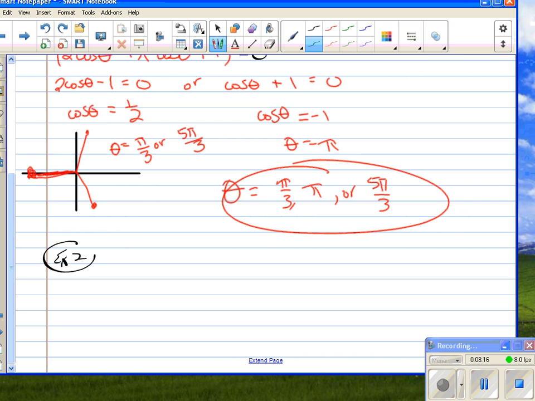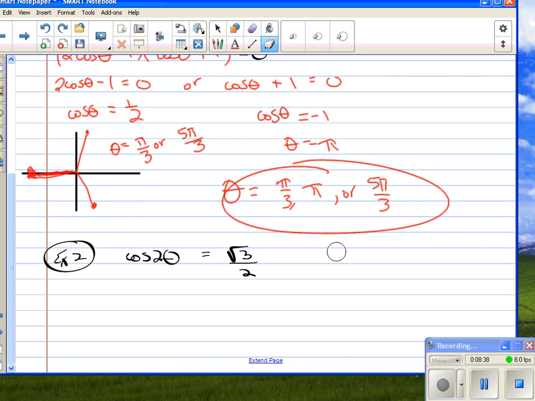Example D. Let's do cosine of 2 times theta equals square root 3 over 2. And again, I want all the values in between 0 and 2 pi.